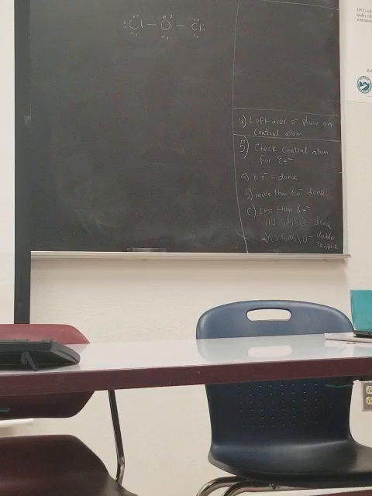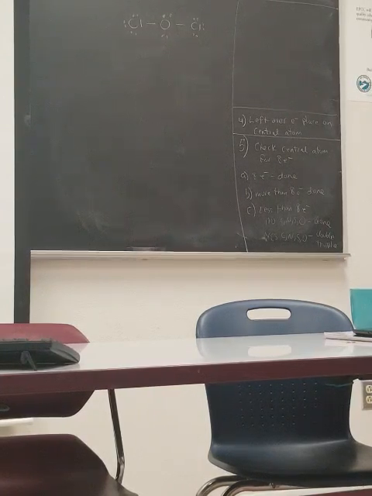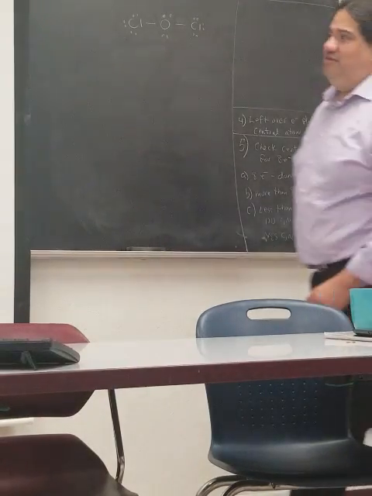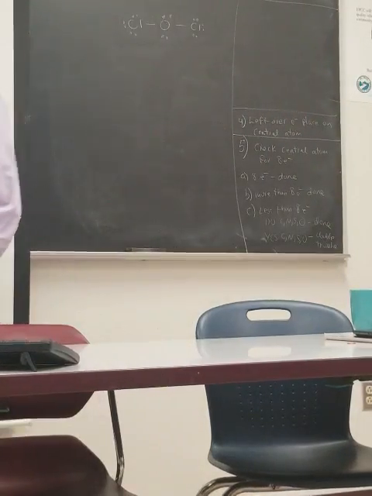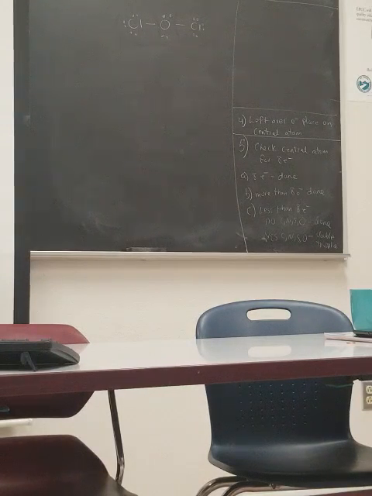So after step 4, where we put the leftover electrons on oxygen, step 5 is check the central atom for 8. Does oxygen have 8? Yes, that's it. We're done. If you do double bond, then how many electrons does oxygen have? 2, 4, 6, 8, 10, 12.